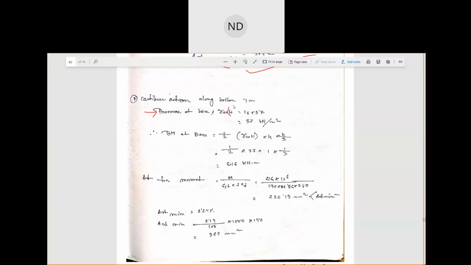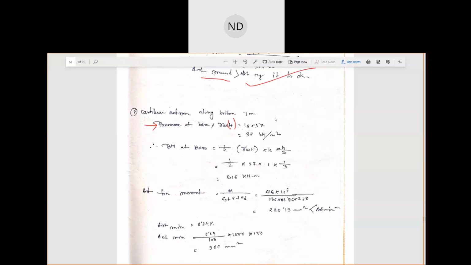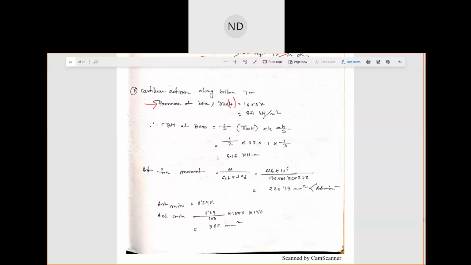Gamma w we have calculated to be 10, and h is 3.7 total. So 37 kilonewton per meter square is our pressure at the base. That means at the bottom portion of 1 meter.